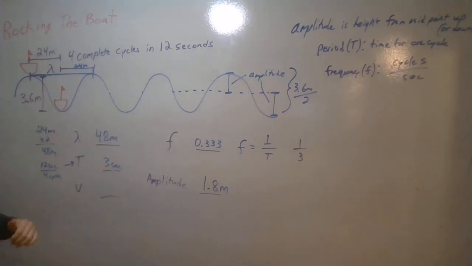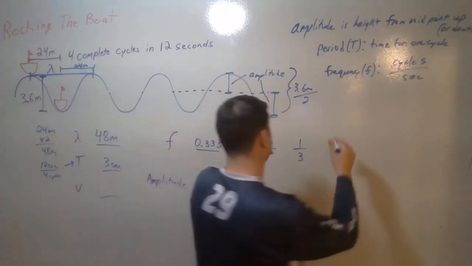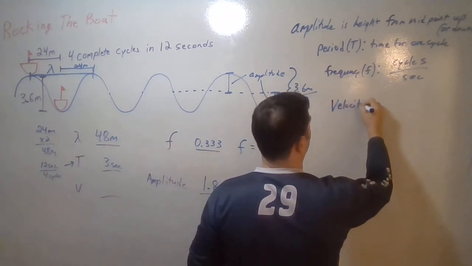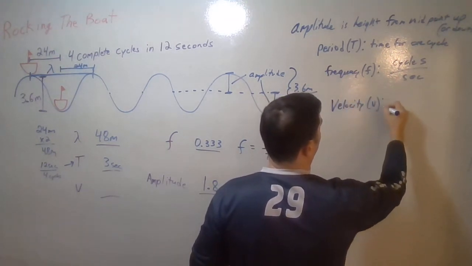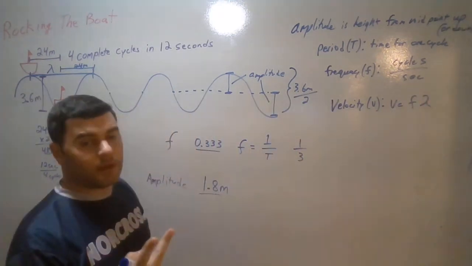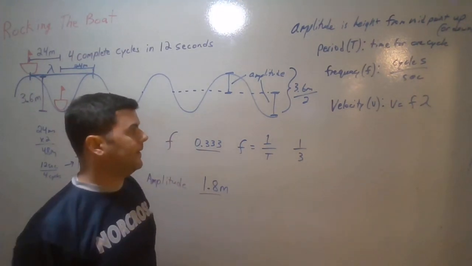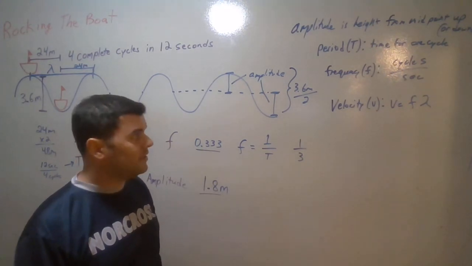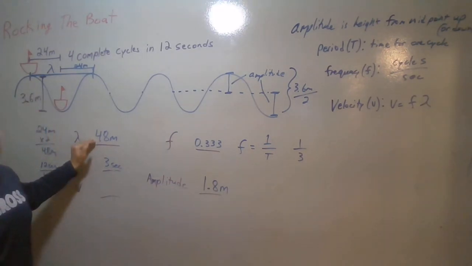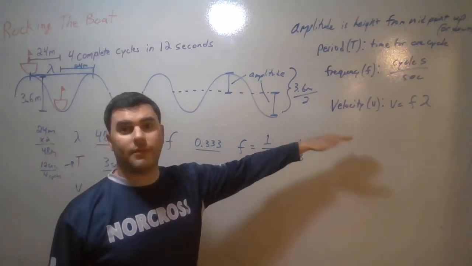Finally, we get velocity. Again, I'm going to define velocity over here in terms of waves and then show you how to figure that out. There's actually 2 ways to figure out velocity, and one might be easier depending on just how you think. Velocity for waves is frequency times wavelength. Since we already know wavelength is 48, and we already know frequency is 0.3, you can simply multiply and figure that out.